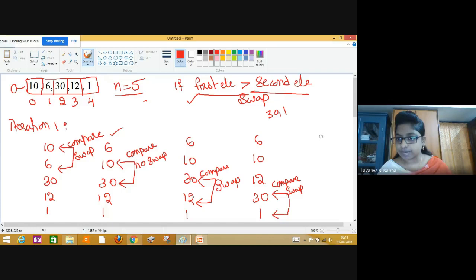Write down as it is the elements 6, 10, 12. Now 1 goes up, 30 comes down because you are swapping. Swapping means interchanging the values. Now you need to stop the iteration because there is no sixth element to compare. You came up to the last element.